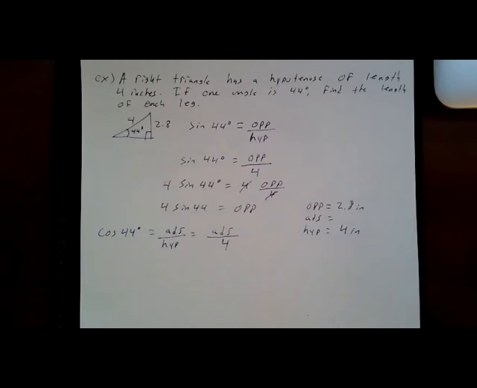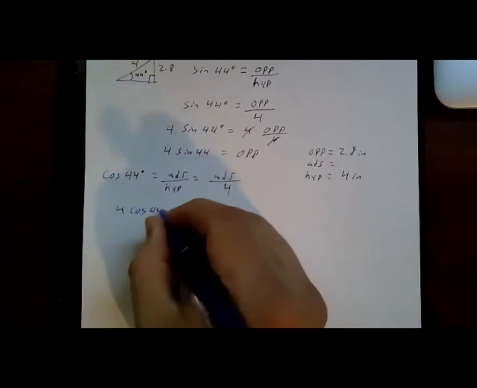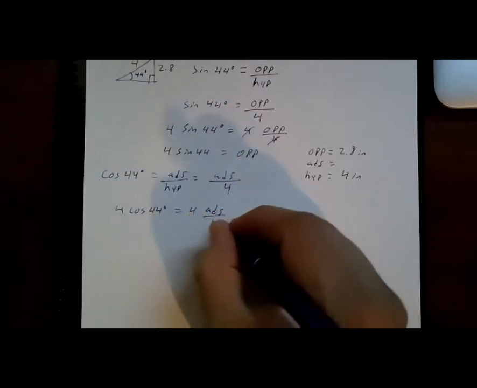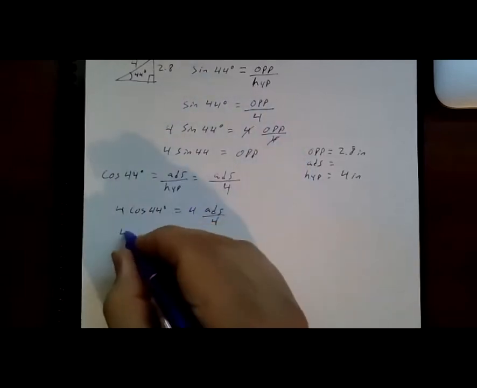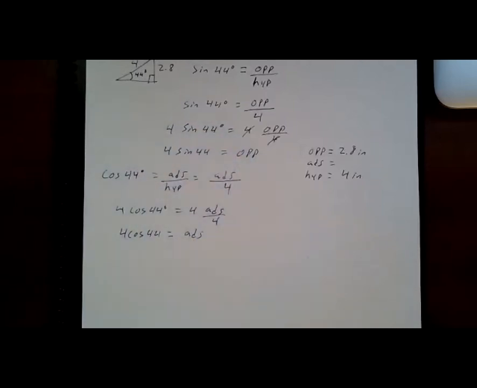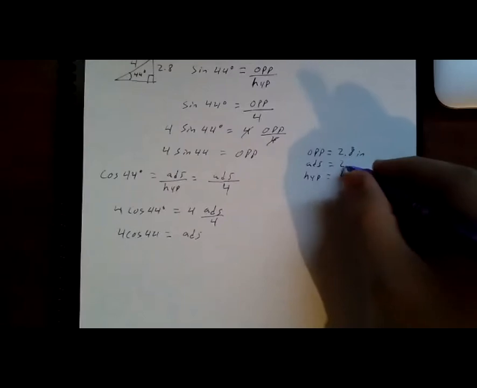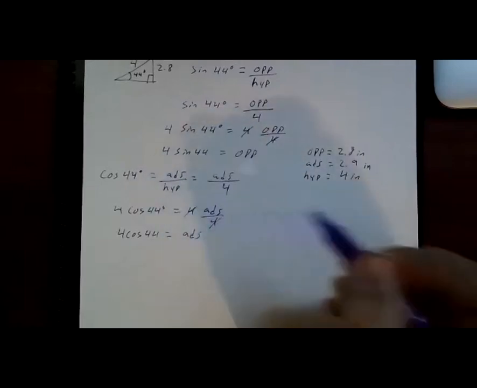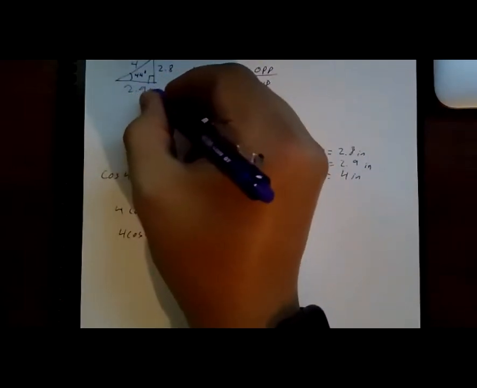So same deal, multiplying both sides by 4. That will be 2.9 based on the calculator. So adjacent is 2.9 inches.